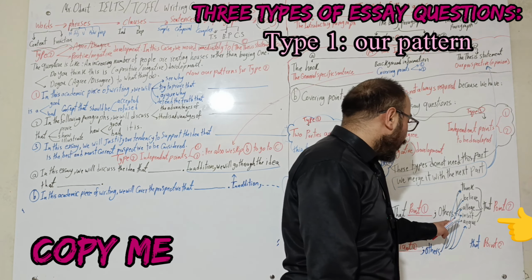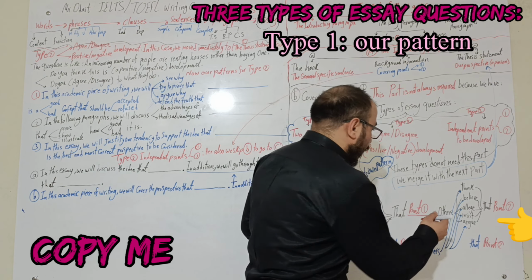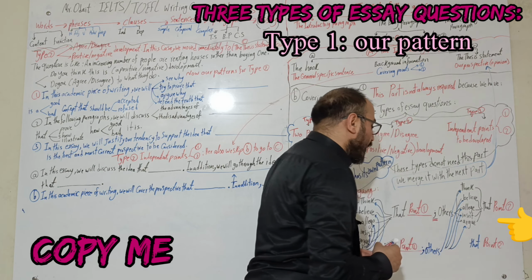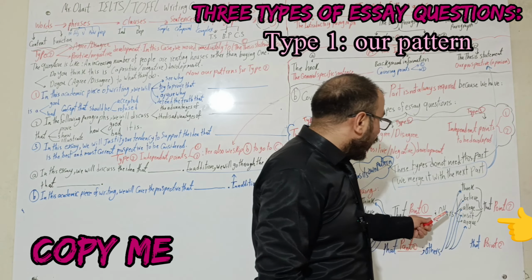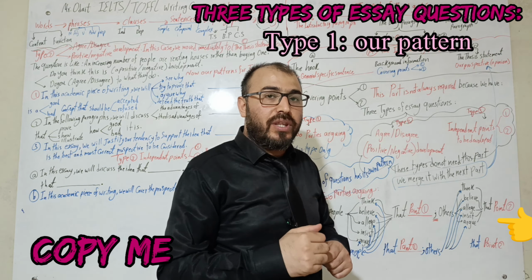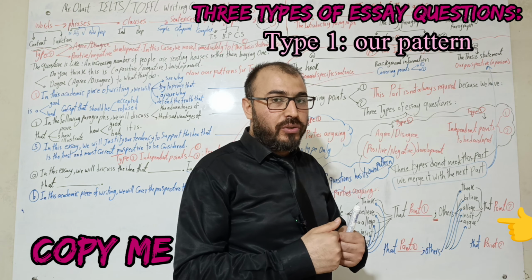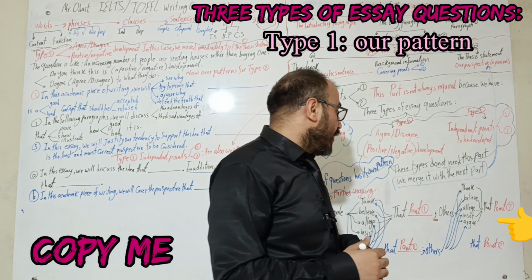Here, we say others. Of course, as you see here, this is a semicolon, and it is very good to start your essay with a semicolon, showing the examiner that you know how to use the semicolon appropriately.